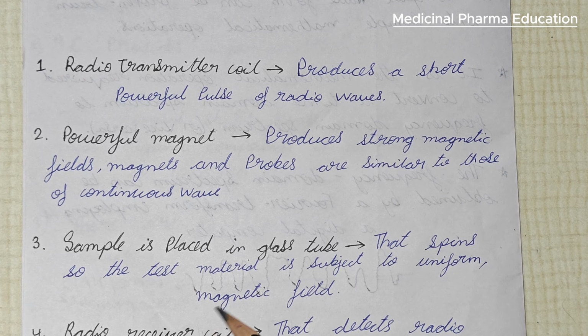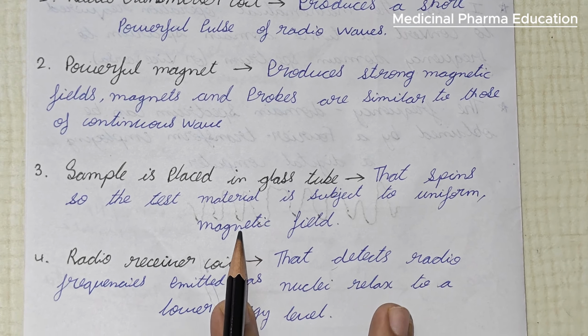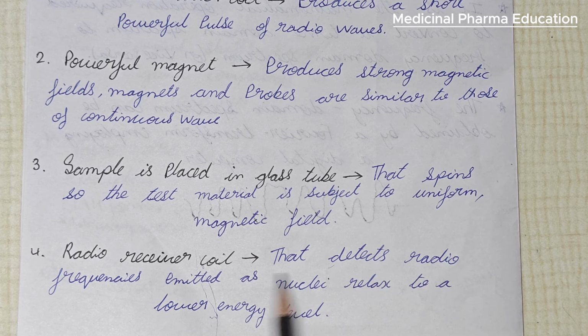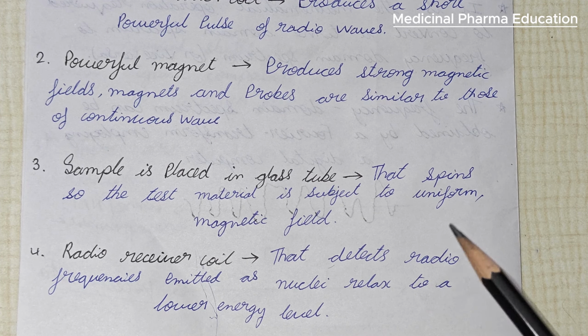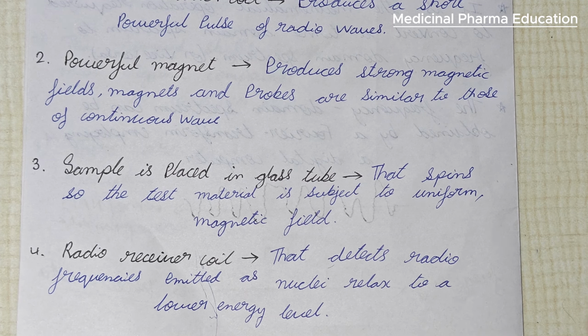We already studied this in the normal NMR instrumentation. Next, the radio frequency coil detects the radio frequency emitted as the nucleus relaxes to a lower energy state. After the energy is applied, the nucleus goes to the excited state, and when it comes back to the normal state, it releases the energy. This energy is received by the radio frequency coil.